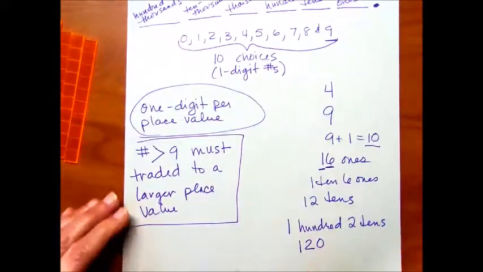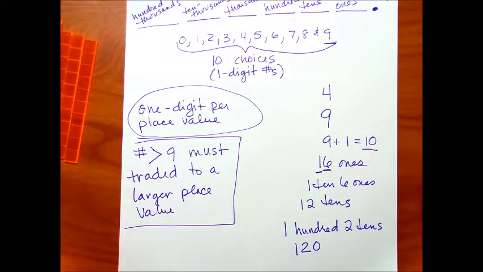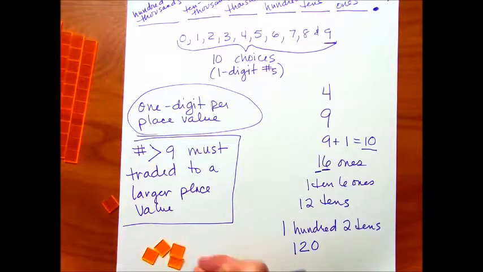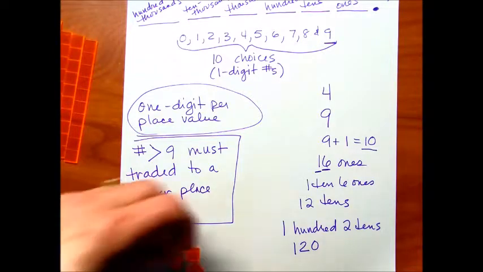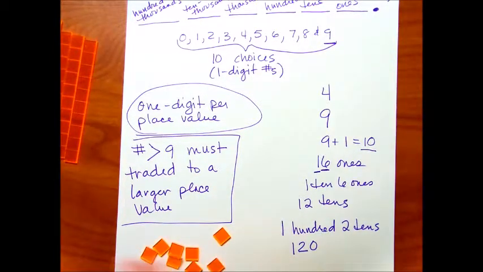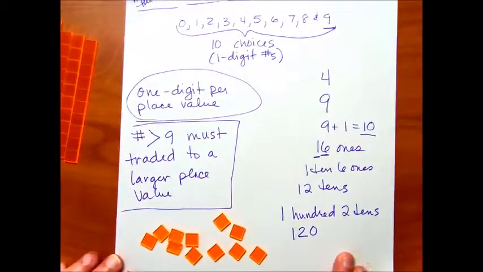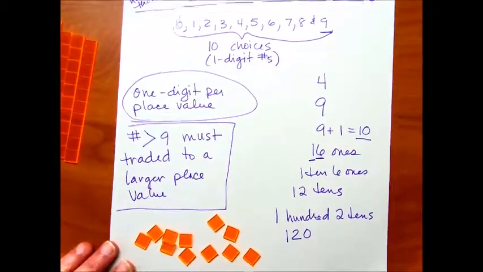So when we had 11 ones, 8, 9, 10, 11 ones, 11 is a 2-digit number.